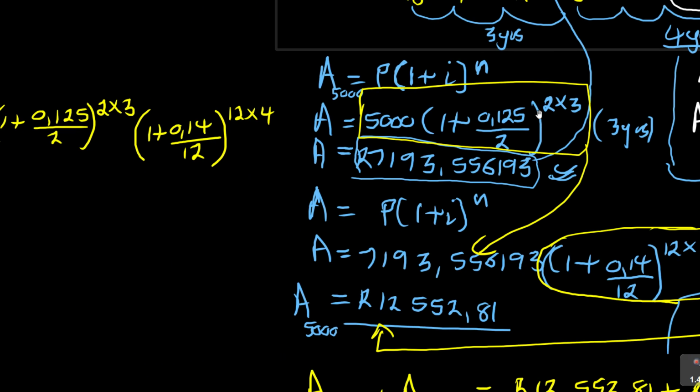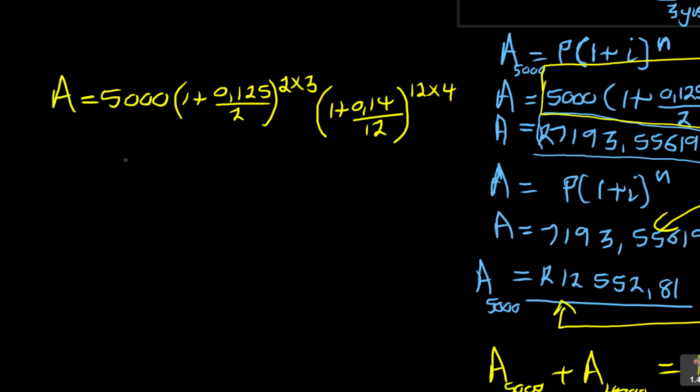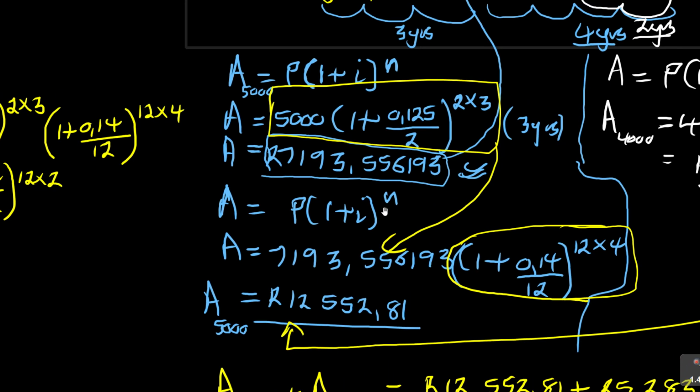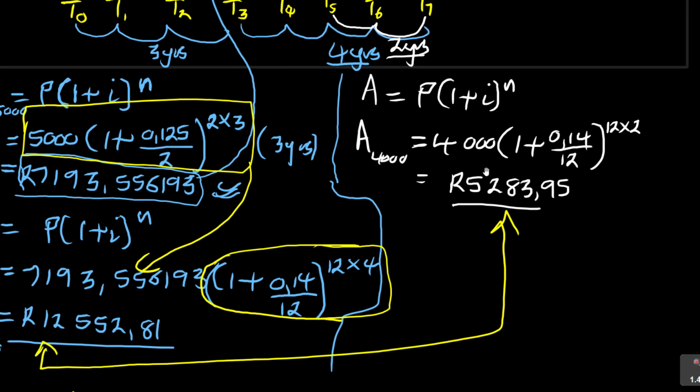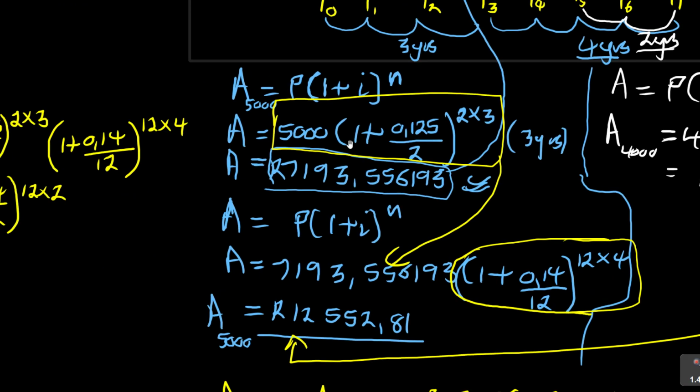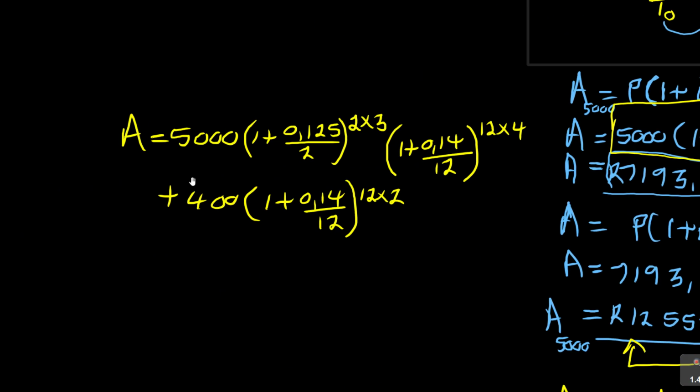Then you go and say plus 4,000 bracket 1 plus, it was the same compounding there, 0,14 over 12, and then it was 12 times 2 because it was for 2 years. You see this? So I'm writing that, I'm writing this, I'm writing that. I just put all this as one thing.